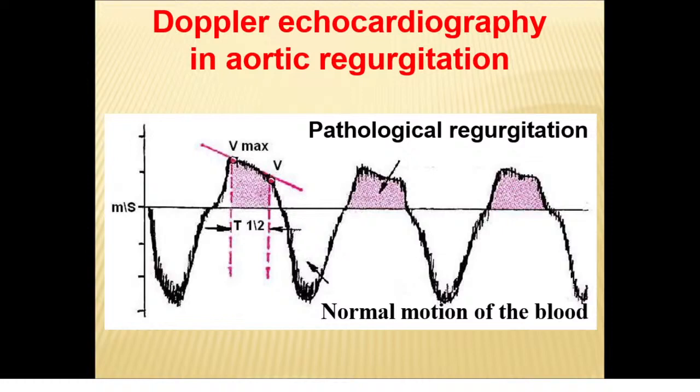But if we record the graph, it shows pathological turbulent movements of the blood, because normally we must see the blood peak only in the lower part of the graph, below the horizontal line. If you see some peak of the blood above, it indicates pathological turbulent movements of the blood.